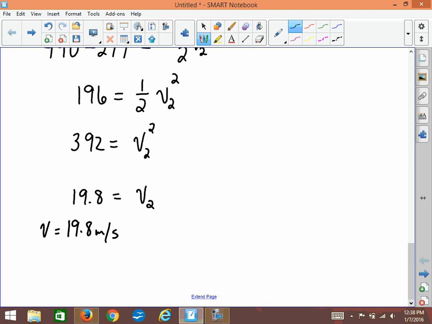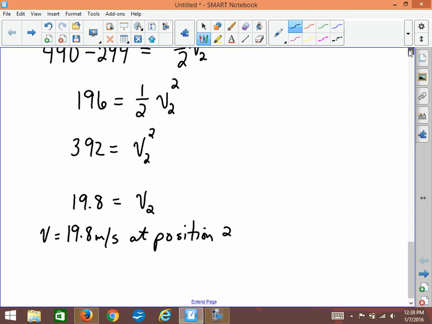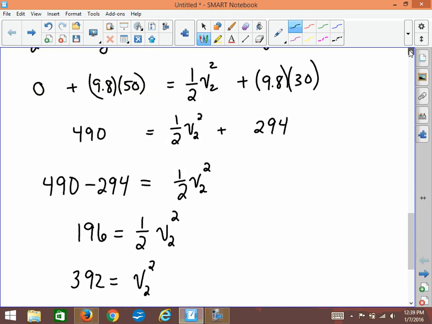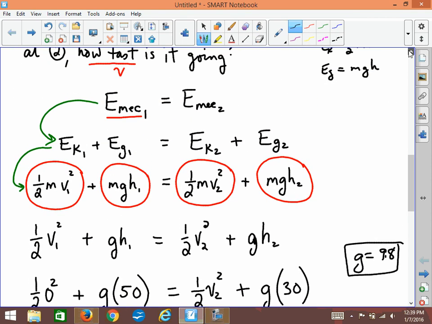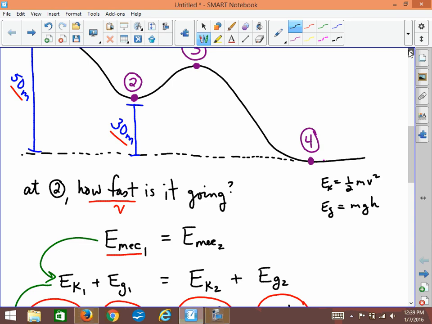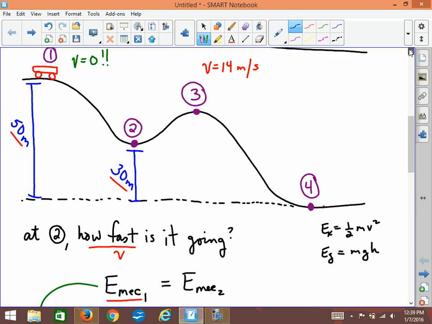V is 19.8 at position 2. That tells us how fast the cart is actually rolling. If we go back to our picture, it makes sense because it starts at 0 and it rolls down the hill. It's going to get going very fast when it gets to position 2. Okay.